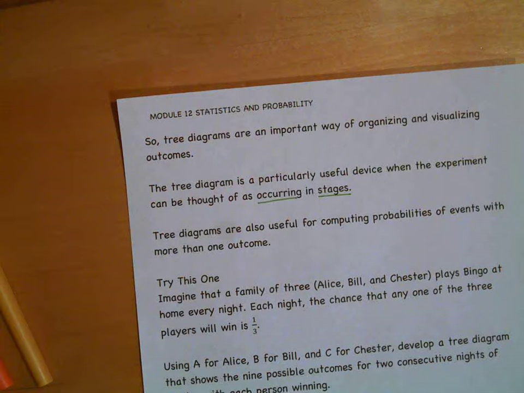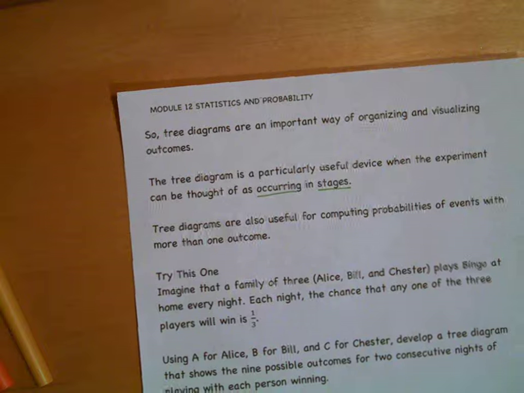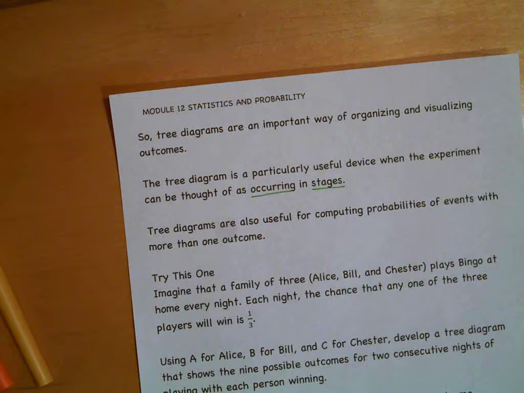Then what happens when you're recording the number of spoons of sugar that you put in your iced tea at lunch, and then let's say you drink coffee at night. Okay, so that's reoccurring stages.